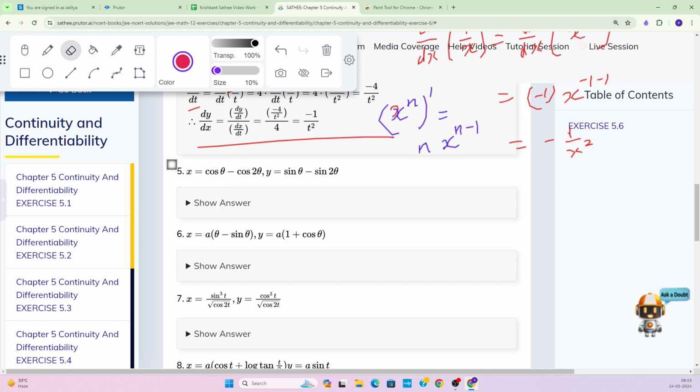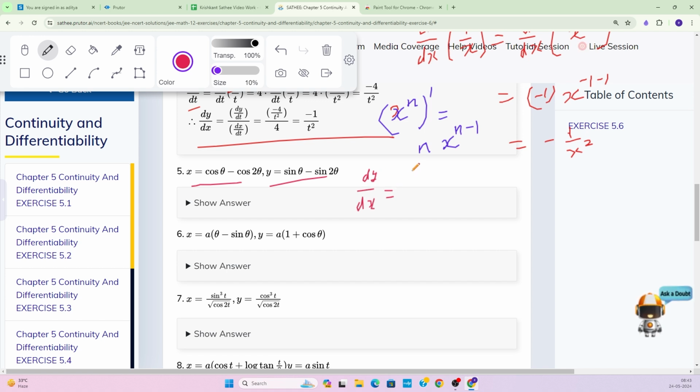Let us move to the next problem. Problem number 5 says that x is equal to cos theta minus cos 2 theta, and y is equal to sin theta minus sin 2 theta. Now let's differentiate. First of all, dy over dx will be dy over d theta divided by dx over d theta.